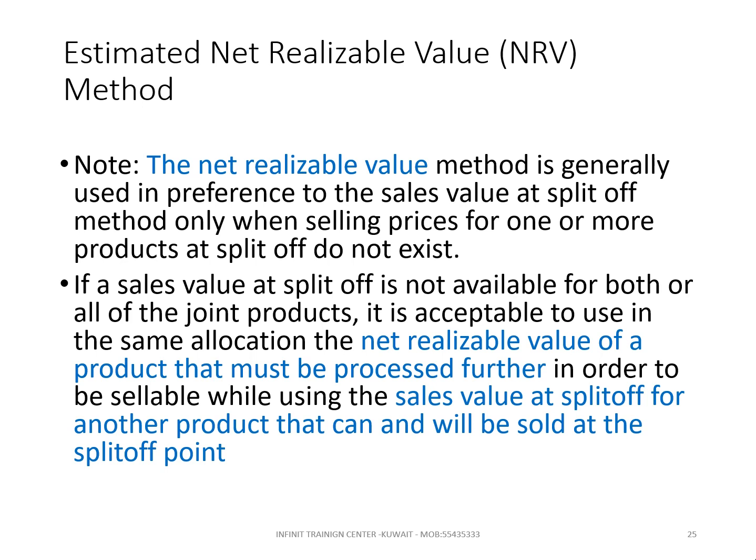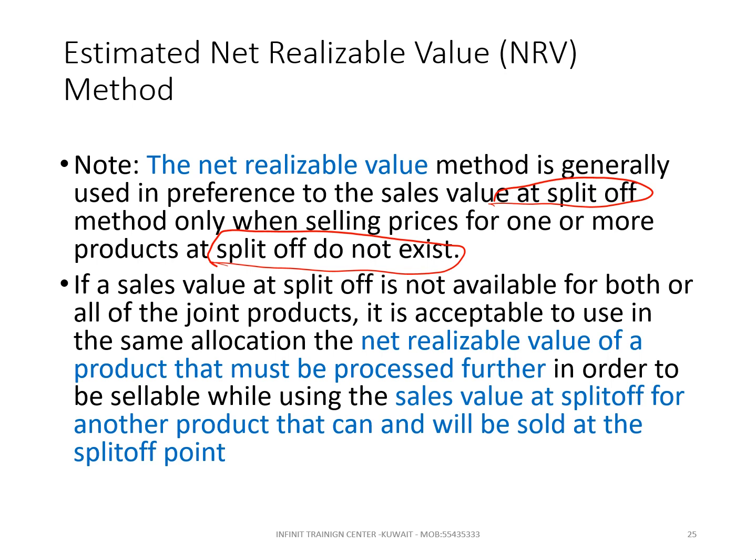The net realizable value method is generally used in preference to the sales value at split off method only when selling prices for one or more products at split off do not exist. So you will use this method when any of the products doesn't have a value at split off point.